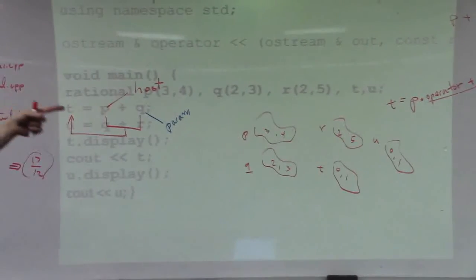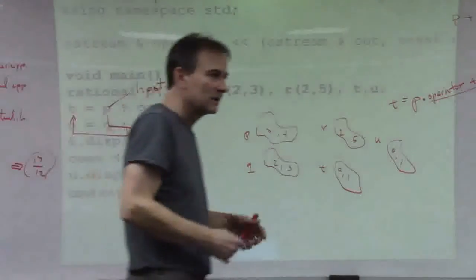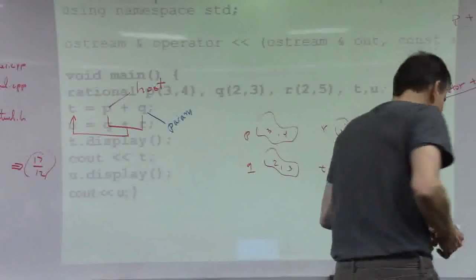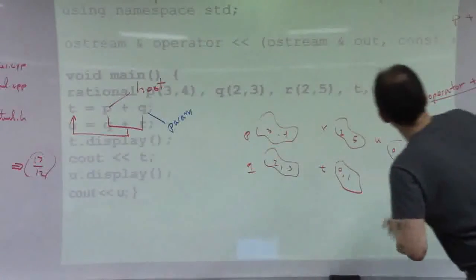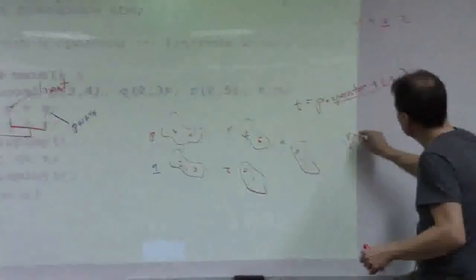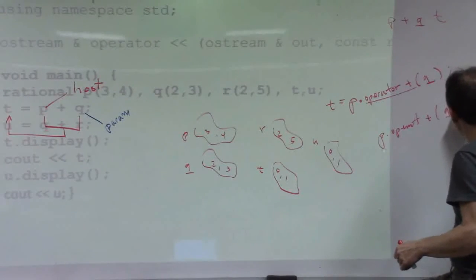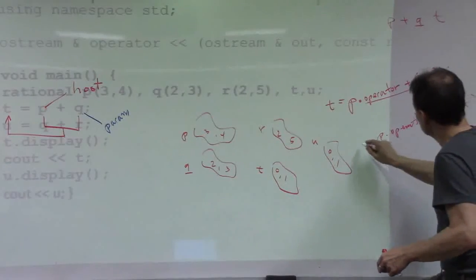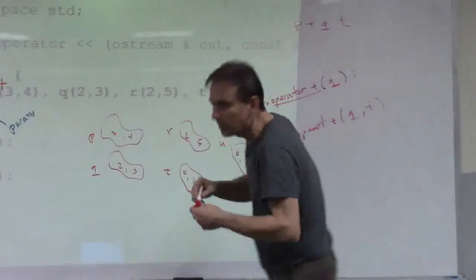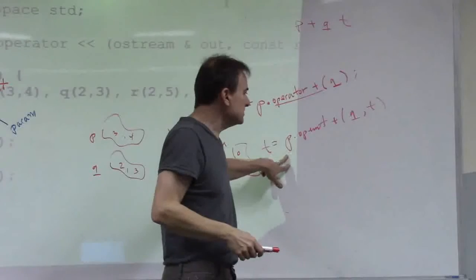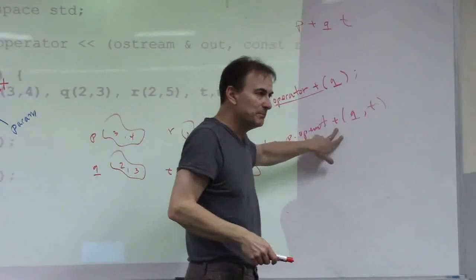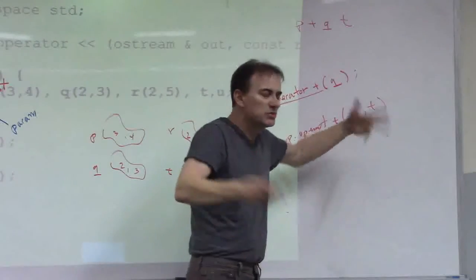So this is wrong, wrong, wrong. It doesn't make any sense. You cannot write P dot operator plus QT. So you can't say this. This is also wrong. Why? Because P is a rational, plus is a binary operator. You're giving me 3 operands.